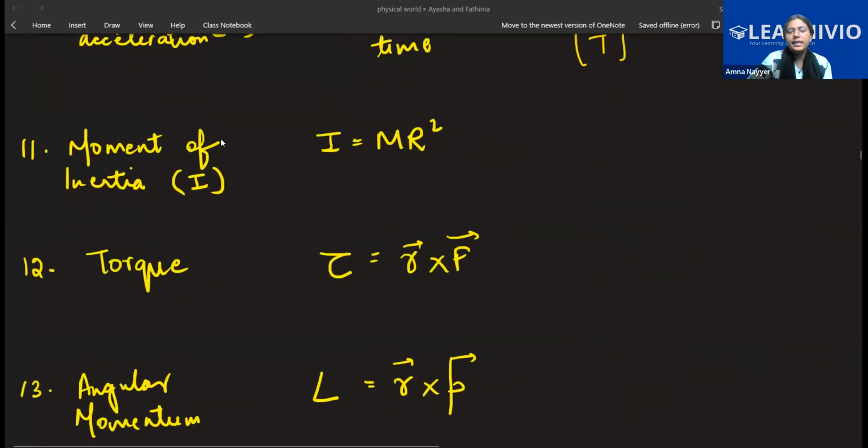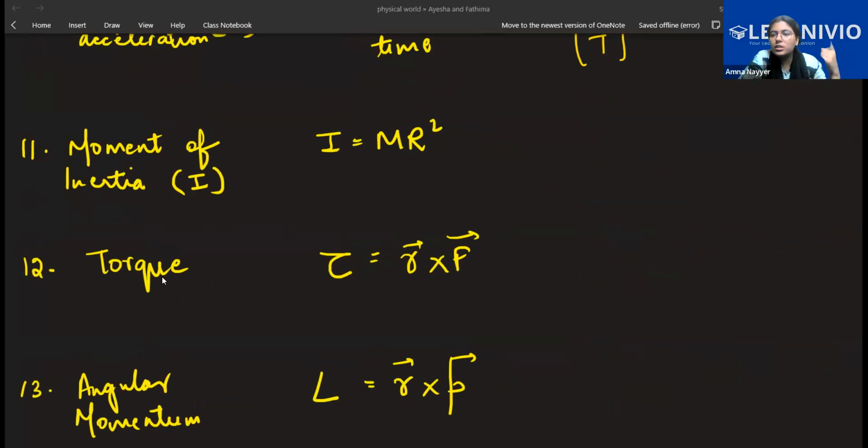Okay, see, moment of inertia, what is it? These are all terms from your rotation. Just understand, whatever quantity you study in normal linear motion, it has an analog in your rotation. Like force becomes torque.